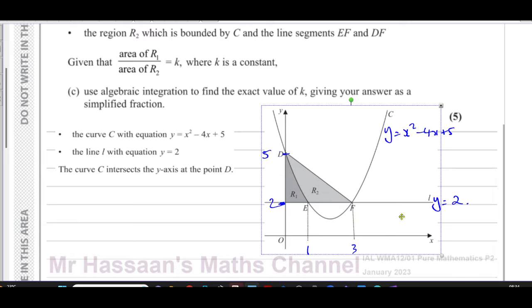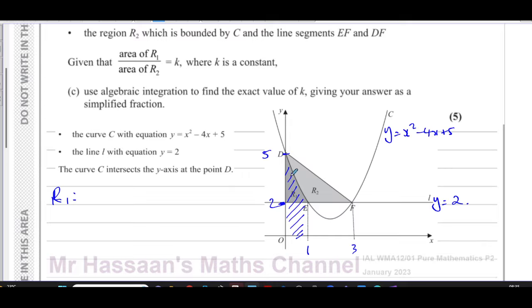Okay, so now let's concentrate on R1 first. If we find the area under the curve between 0 and 1, it's going to give me the whole of this area down to the x-axis.